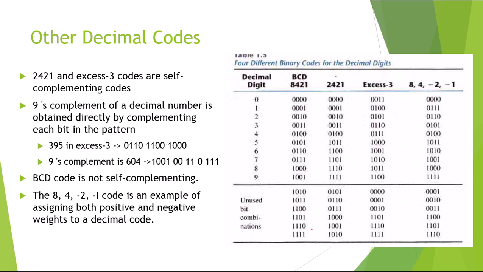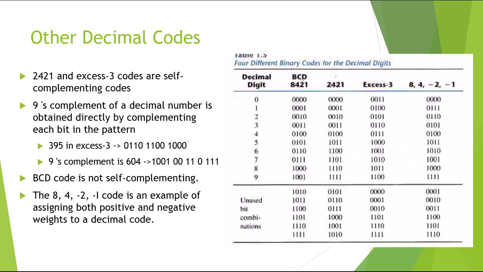So we use 4 bits, and 4 bits means that the total number of combinations we get is 16, but to represent 0 till 9 we need 10. So 6 combinations are unused in all the codes, but the unused bits are different for every code.